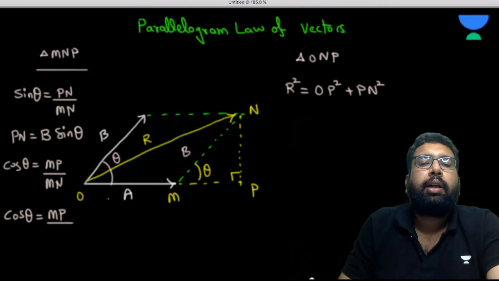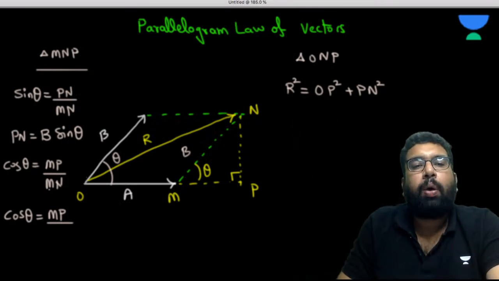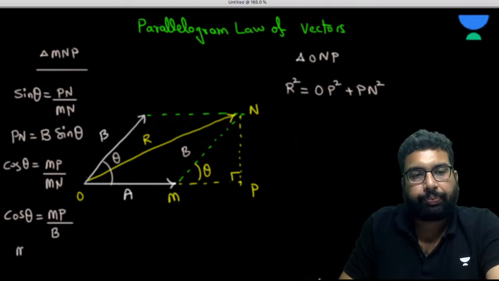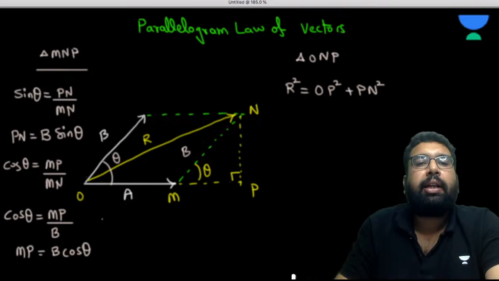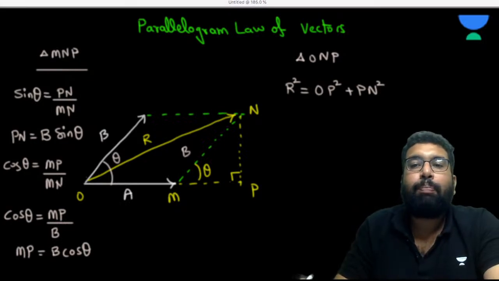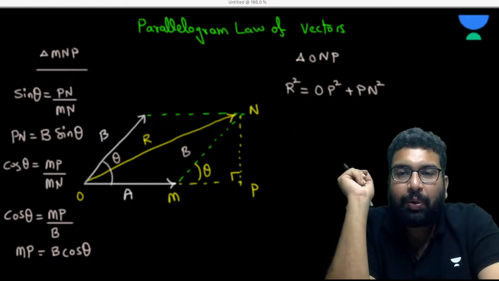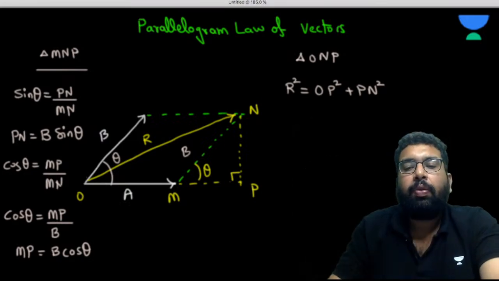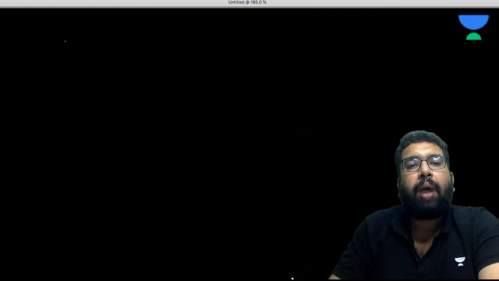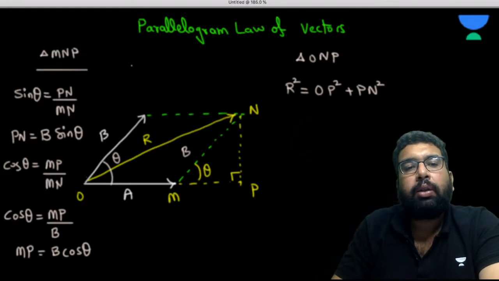So now cos theta is equal to MP upon MN. MN is B, so MP is B cos theta. And remember again, A and B refer to the magnitudes of the vectors A and B. Now can we write R square is equal to OP square.